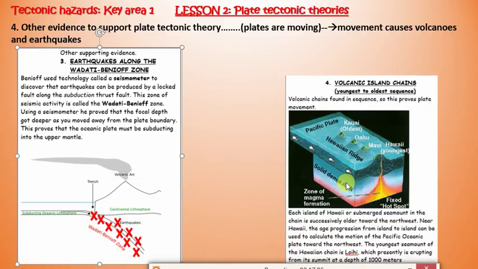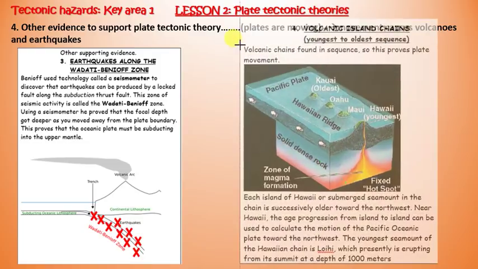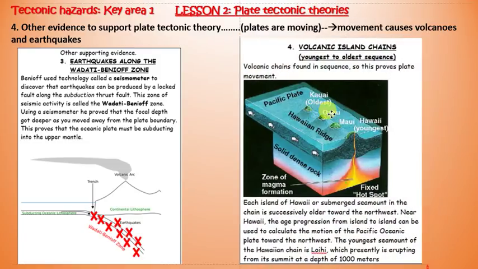And the other bit of evidence comes from volcanic chains such as Hawaii. We've got a mantle plume underneath Hawaii and a fixed hotspot where a superheated column of magma rises. It breaks the surface, cools, and sets as rock, like the Hawaiian Islands. And again, we can date these islands.